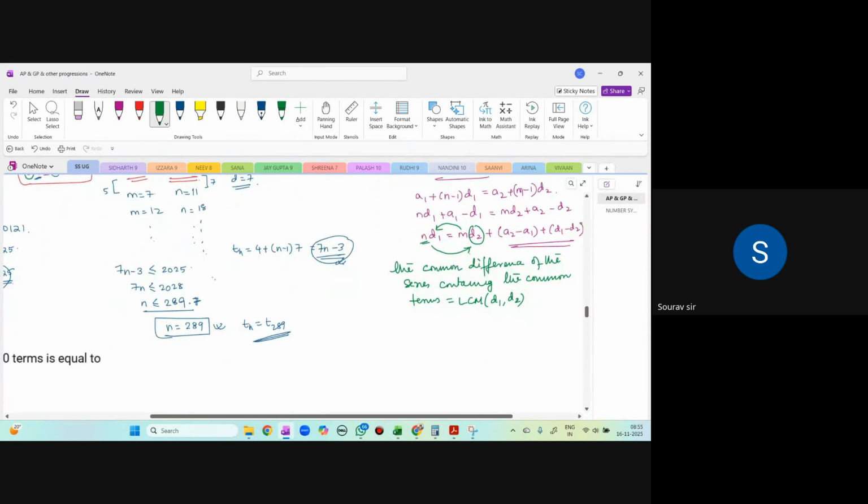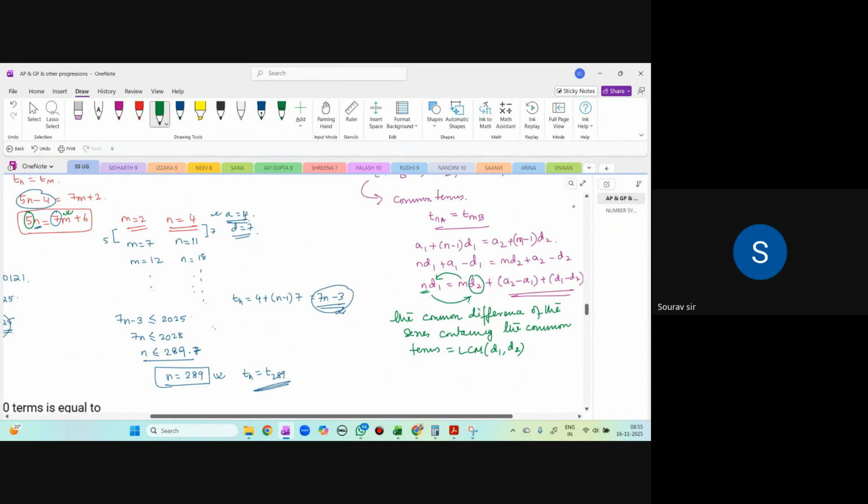Like here, if you look at this one, you check for N4 of the first series and N11 of the first series, right? N4 and N11 of the first series. What is the common difference here? N4 of the first series will be 5n minus 4.